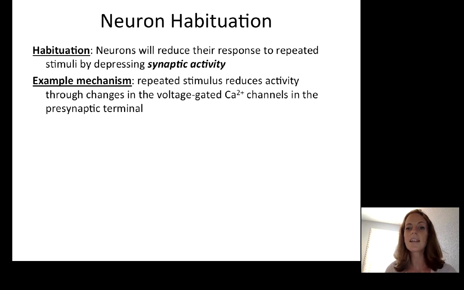The voltage-gated calcium channels are what cause the neurotransmitter release. So if we reduce the calcium channel activation, then we will reduce the amount of neurotransmitter release to a given stimulus. And that is called habituation. So we will habituate to a continuous stimulus over time by decreasing synaptic activity as well.